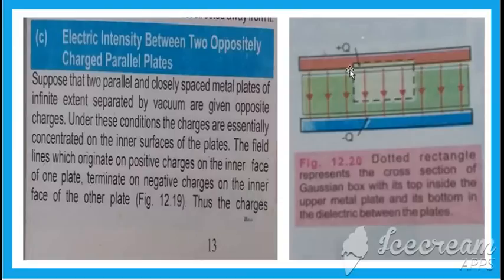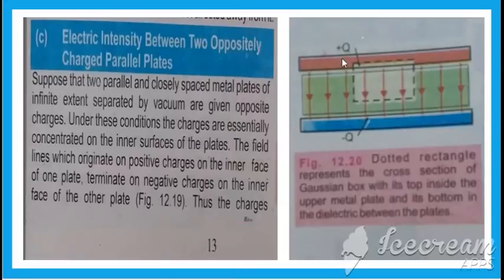Its one face is inside the positively charged metal plate, whereas the three sides are in the vacuum. These are the vertical sides. Some portion is within the negatively charged plate, whereas the larger portion is in the vacuum between the plates, and the bottom face, this dotted face, is in the space between the two oppositely charged plates.